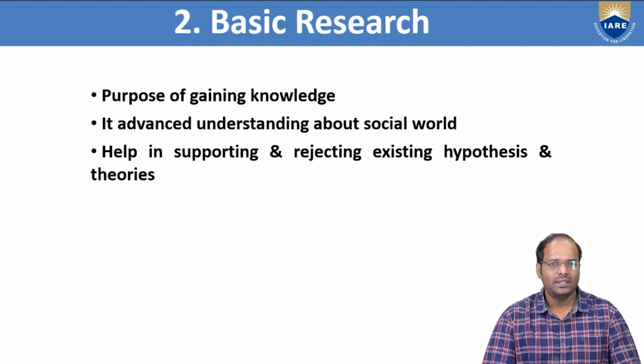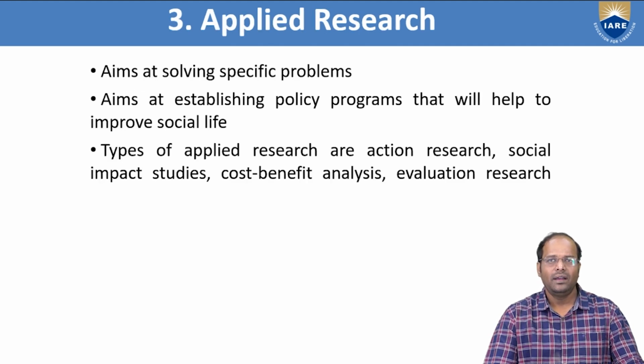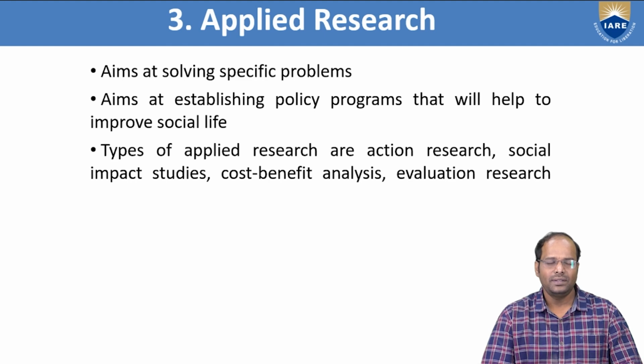The basic research is for the purpose of gaining knowledge, and it is also used to advance the understanding about the social world, and it helps in supporting and rejecting the existing hypotheses and theories related to the basic research. And third one is the applied research.